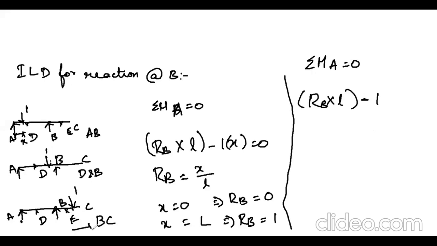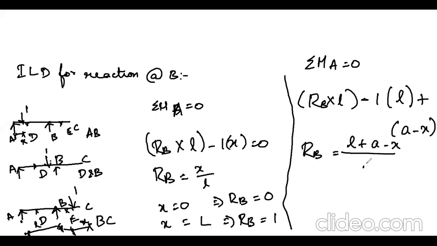You know the distance between this point and this point is X. This is L, up to this L. This distance is L and you know this distance is X. So this distance will be A minus X. So the value of RB will be L plus A minus X divided by L.